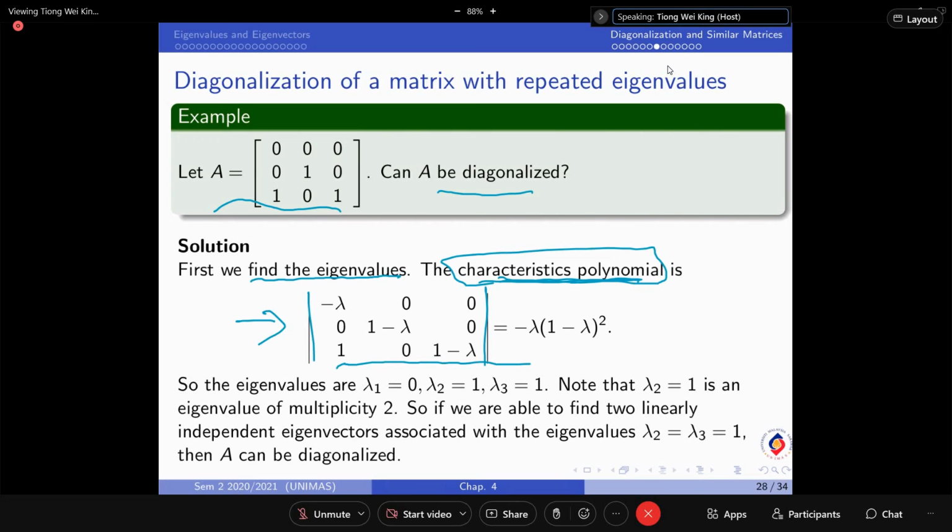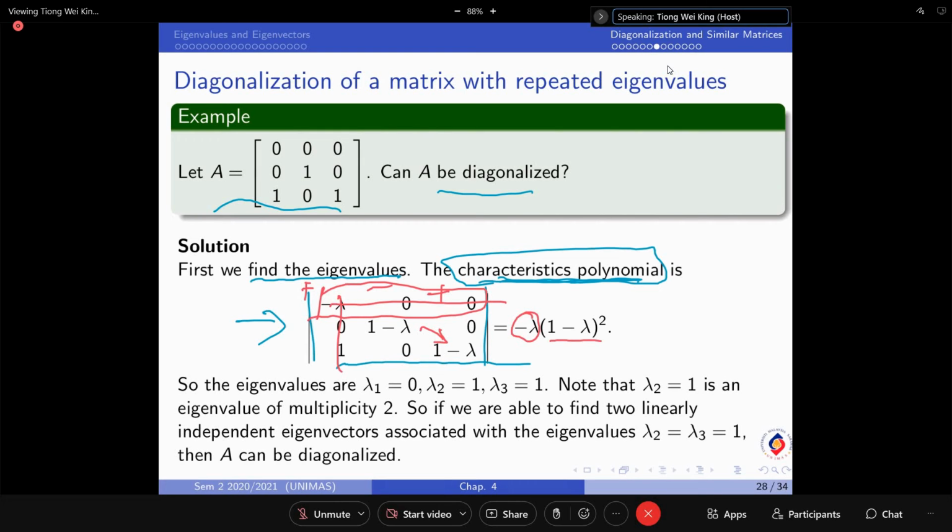For this matrix, it will be easier if you choose row 1 because we have 2 zeros here. So that's why you have a negative lambda, because the signs are plus, minus, plus. Delete this, multiply this, and you will get 1 minus lambda squared.